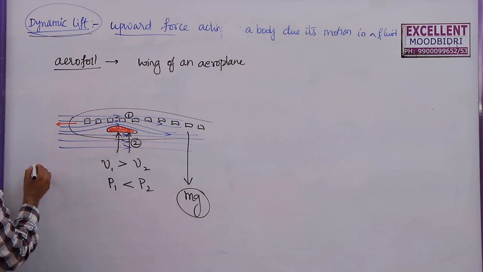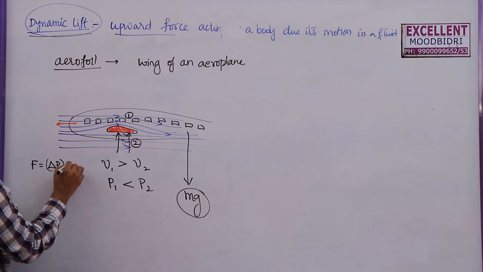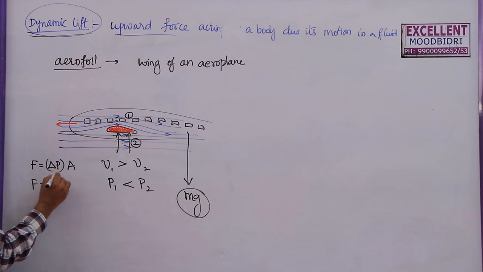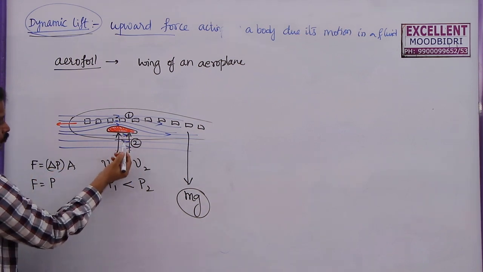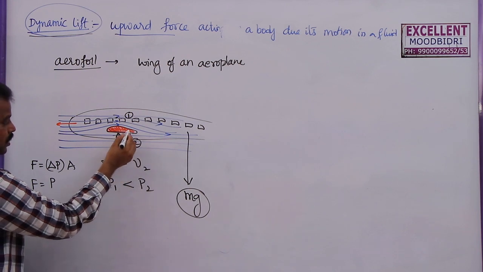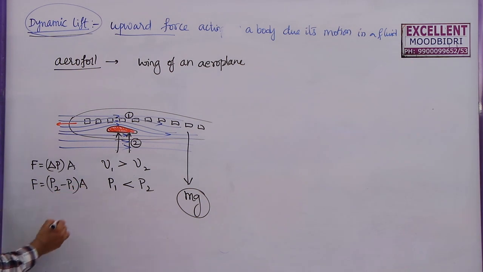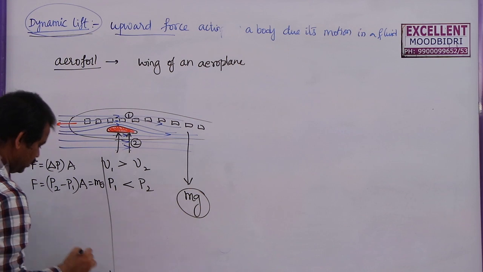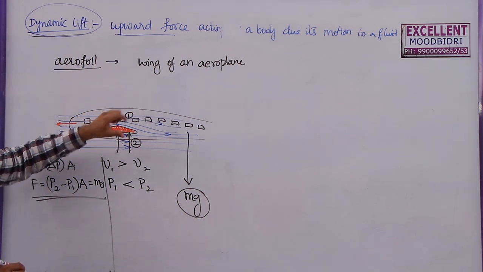So this force is given by the pressure difference times the area of this wing. The force acting upwards is due to the pressure below the wing. So F is P2 minus P1 into A. If it is equal to the weight of the aeroplane mg, then this aeroplane is said to be in equilibrium.